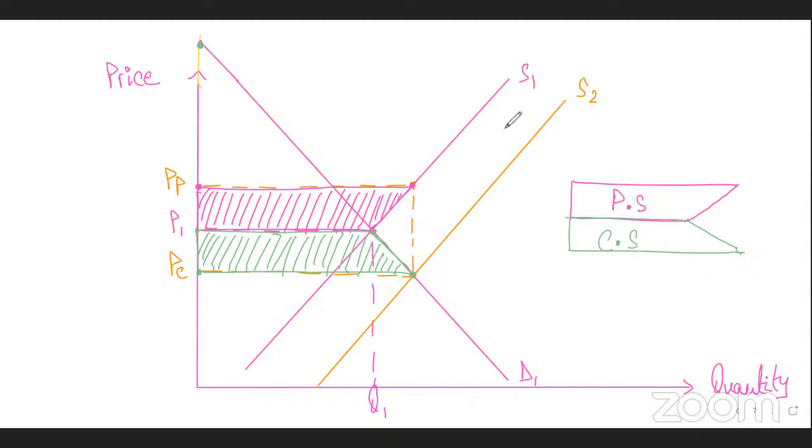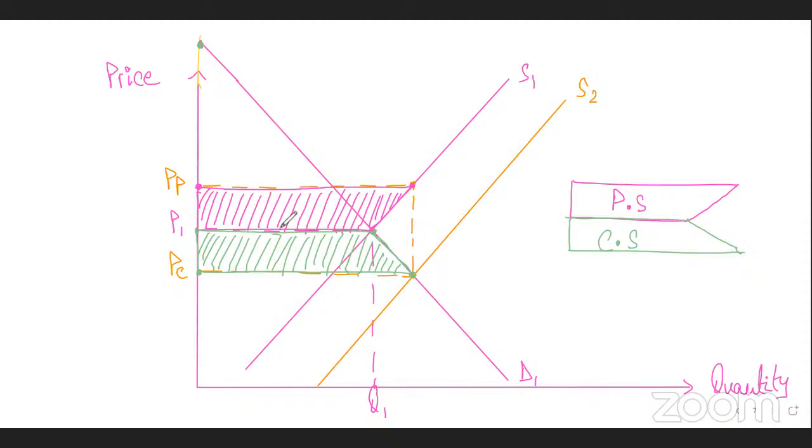So just remember the definition and that would be easier for you. Consumer surplus is below demand and above price, market price, and producer surplus is below market price and above supply, right?